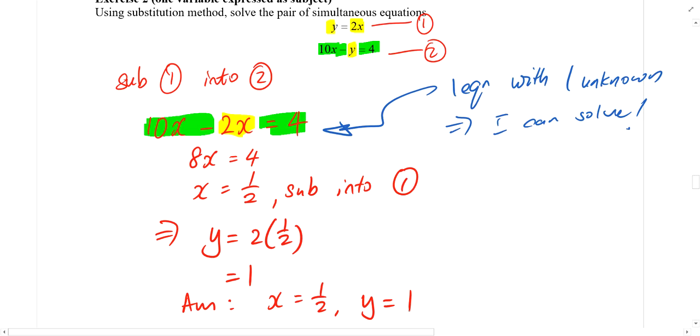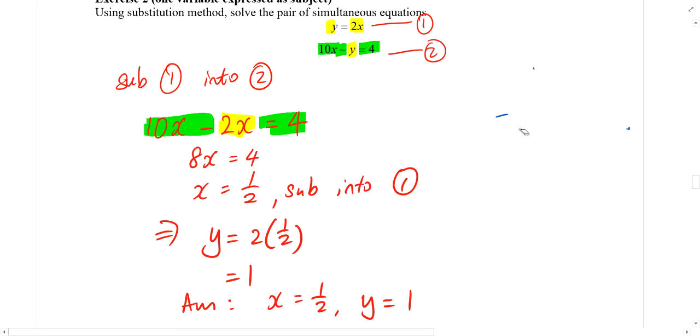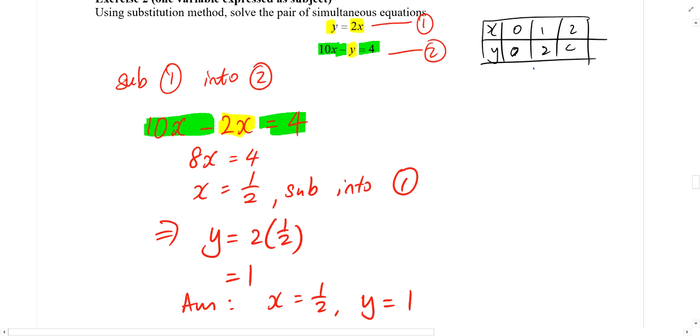Can? What does this mean on a graph? If we did not learn solving by substitution, this is what we would have done. X and y, 0, 1, 2, so 0, 2, and 4. This is for y equals to 2x.